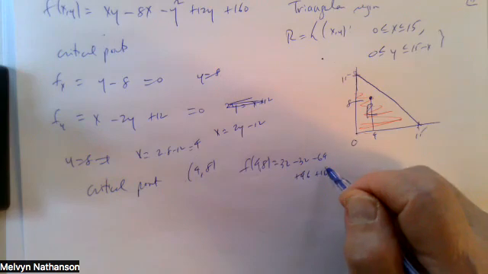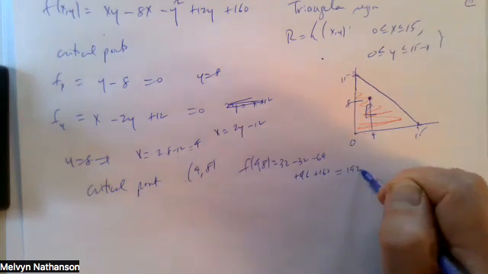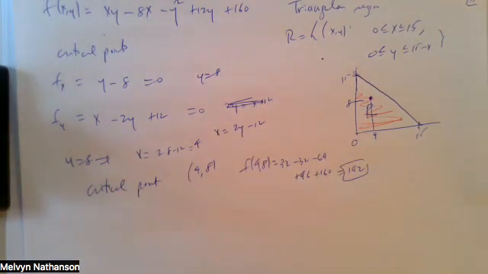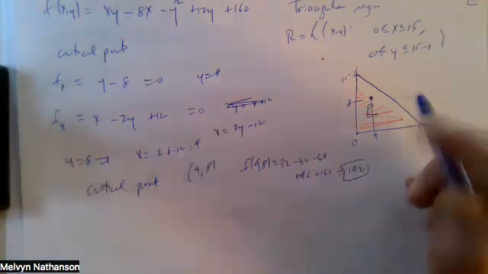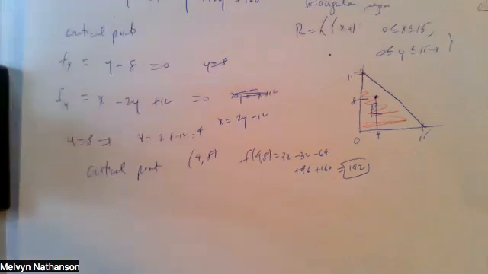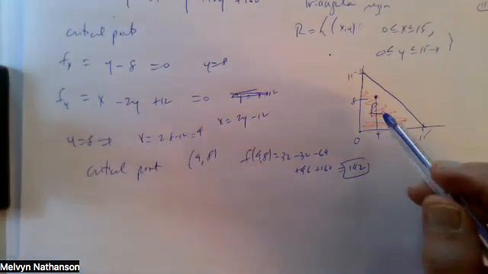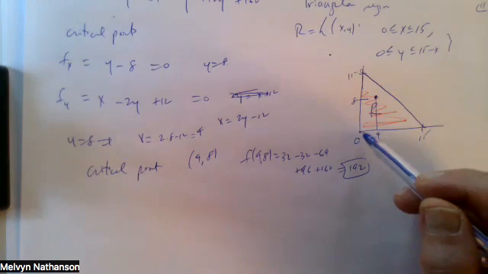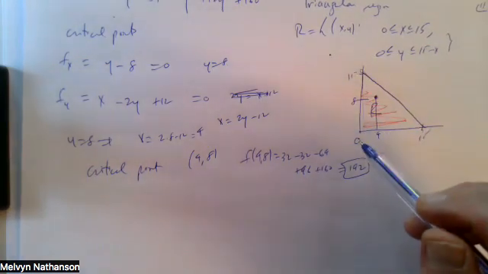So that's 160 plus 32 is 192, if I did my arithmetic correctly. So at this critical point, the value of the function is 192. But to find the absolute maximum or minimum, in addition to the critical point, we have to look at the function on the boundary.